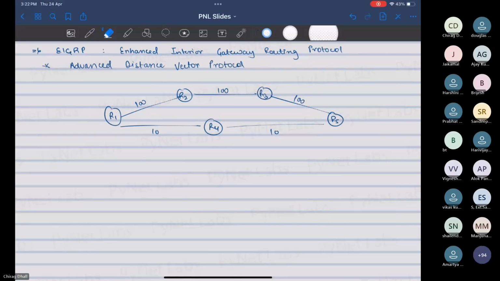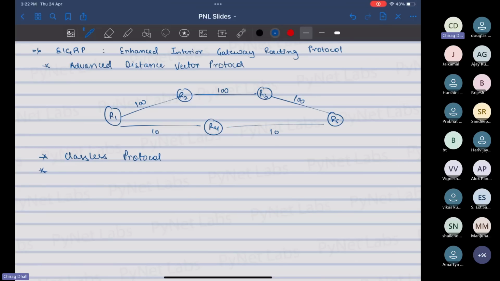Then this one is also a classless protocol like RIP version 2. Classless protocol means that it shares the information of subnet mask with the network advertisements. What was the maximum number of hops that we could connect under RIP? We discussed it yesterday. 15, right?